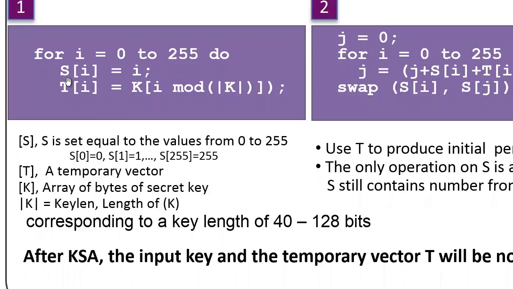Inside this for loop we are going to do S[I] = I, that means S[0] = 0, S[1] = 1, and from that we are going to have a temporary vector. This is our temporary vector, which is based on the secret key.